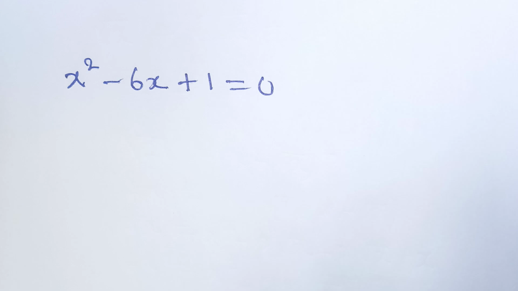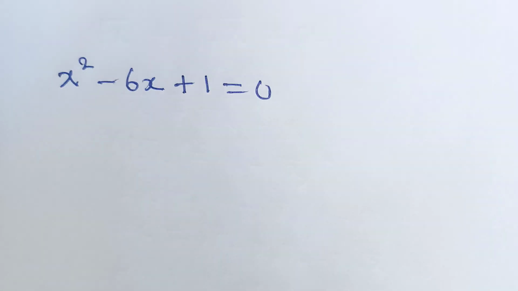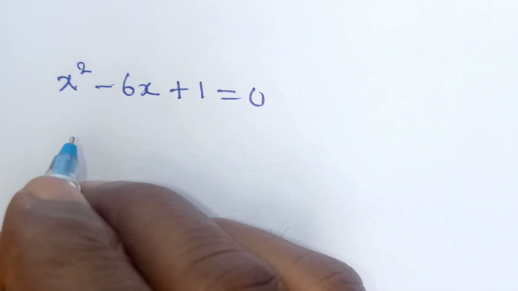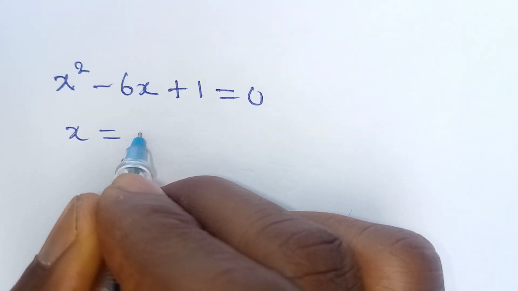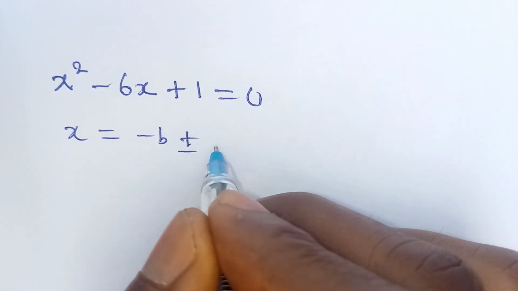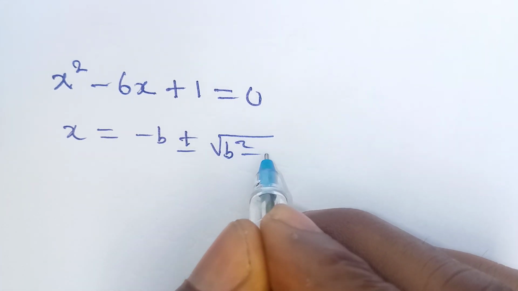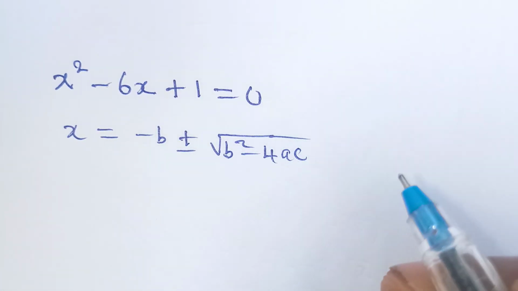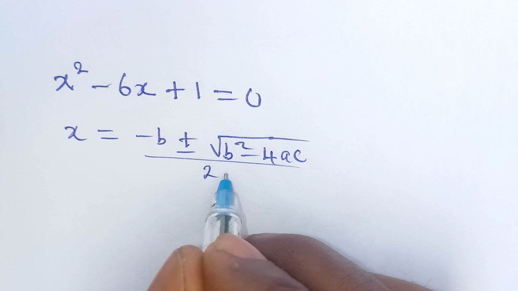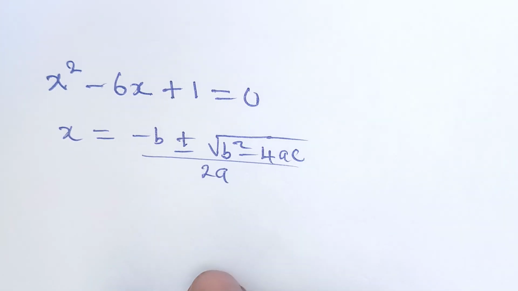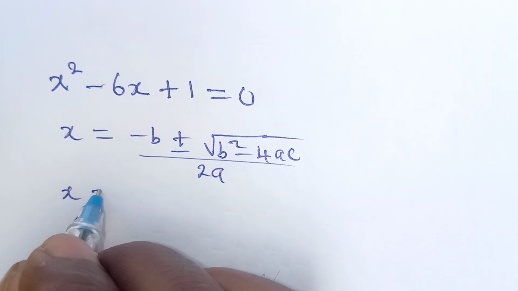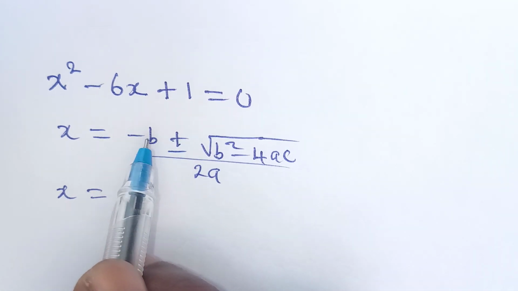From this quadratic equation, we can use the formula method for this. So the formula is x equal to minus b plus or minus square root of b squared minus 4ac, and the whole of this is over 2 multiplied by a. So our x will now be, our b is minus 6.